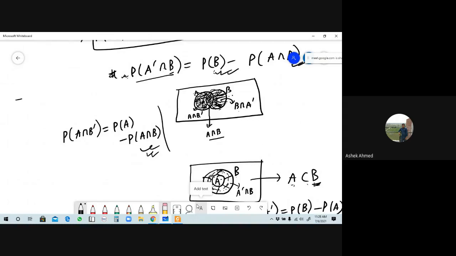Tell me here: this is A intersection B, is it right? Yes, sir. And this is A intersection B complement. We have to find this region's probability. From the total set A, if you remove this common part, then it will be this region, right? Yes sir, understood.